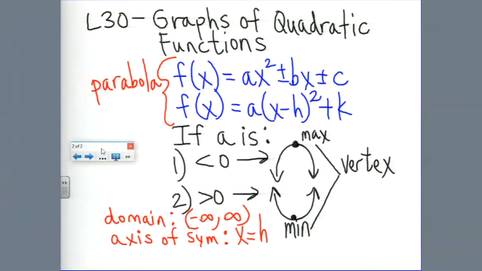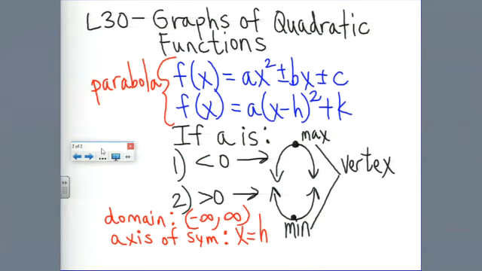If a is less than 0 or negative, then your parabola is opening upside down, like an upside down cup, and the top point is known as the maximum point. However, if a is positive or greater than 0, then our parabola looks like a regular cup, and the point at the bottom of the cup is known as a minimum value.